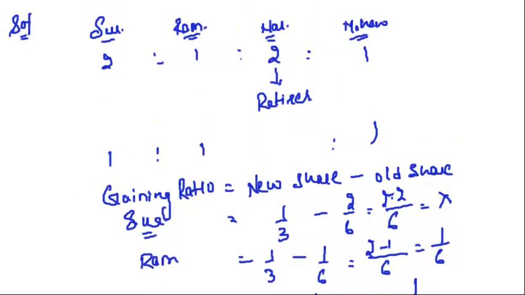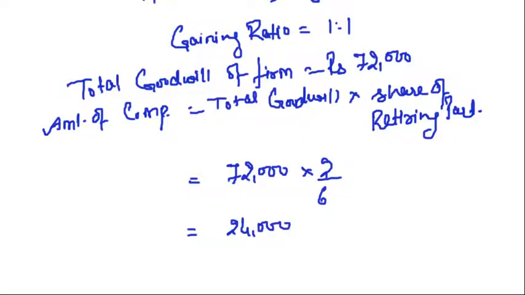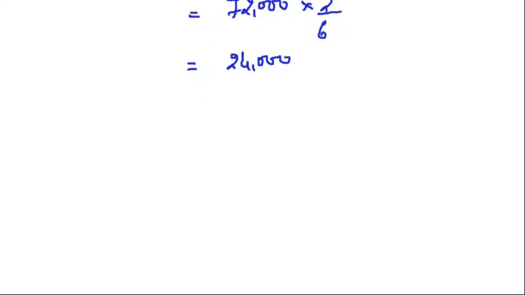See, 2 by 6. What is the total goodwill? 72,000 multiplied by 2 by 6. Clear? This comes to 24,000.